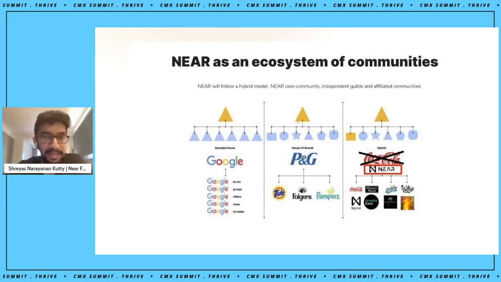With Google Maps and Google Books and Google Groups and the Google products. And then you have house of brands. So P&G is a great example. You have Tide, Folgers, Pampers, and a bunch of other brands that fall under P&G. And then you have Coca-Cola, where Coca-Cola inherently has their own brand, but they also own a bunch of sub-brands, right?